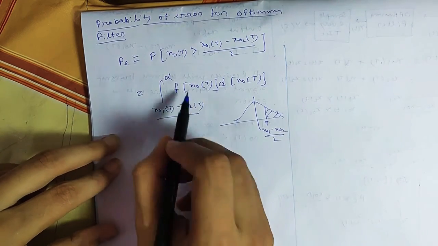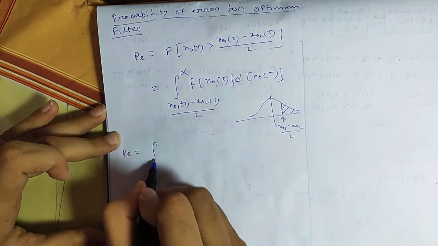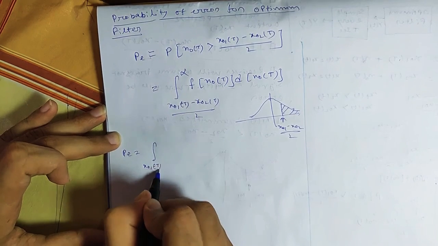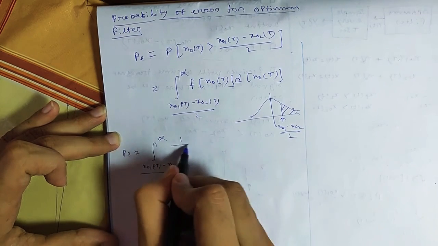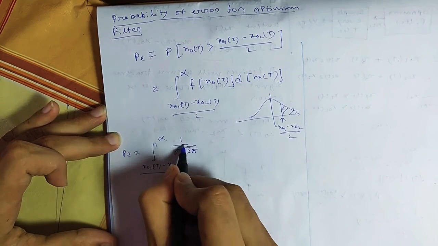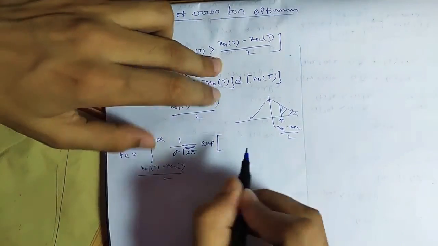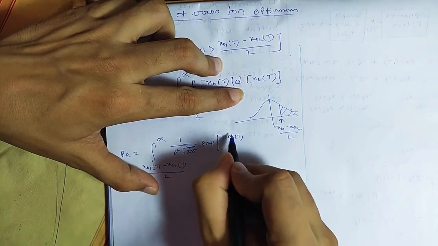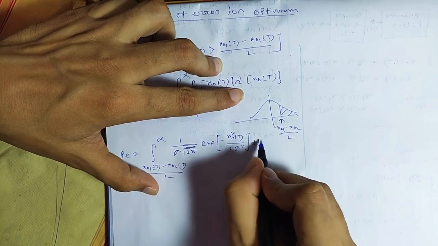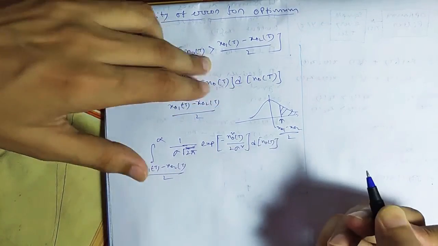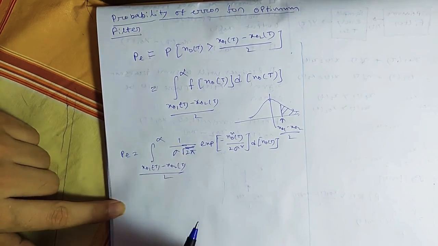And from Gaussian distribution we can write PE equals. Note here that we are considering sigma as it is a generalized Gaussian noise.